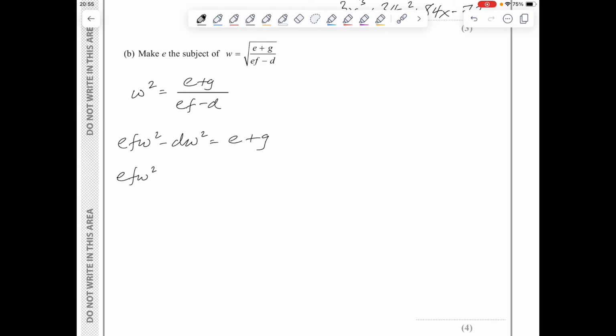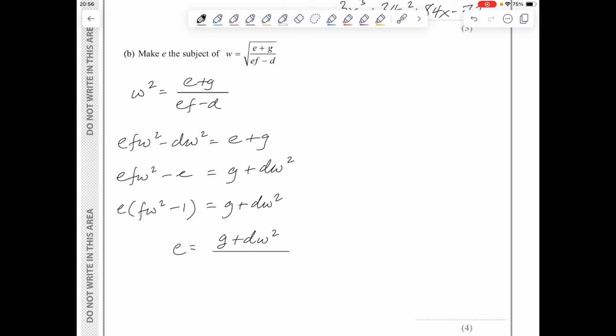efw squared minus e, and all the rest on the right, so g plus dw squared. Then let's factorize on the left: e bracket fw squared minus 1, right-hand side remains the same, and finally I'm going to divide by that bracket and get g plus dw squared over fw squared minus 1.